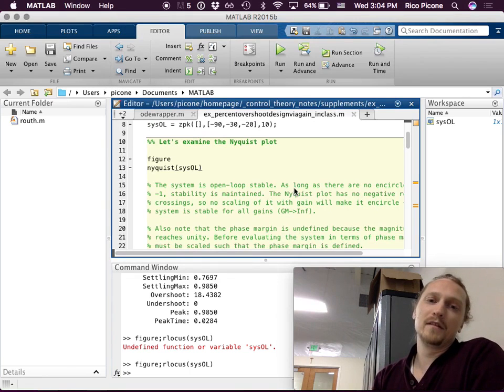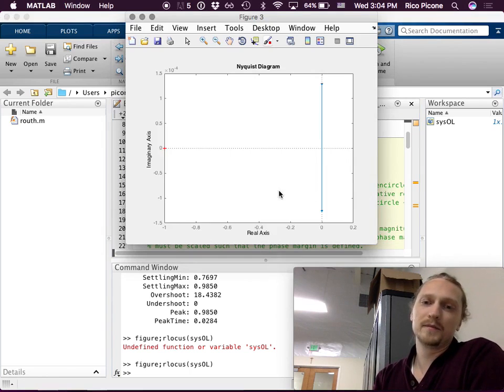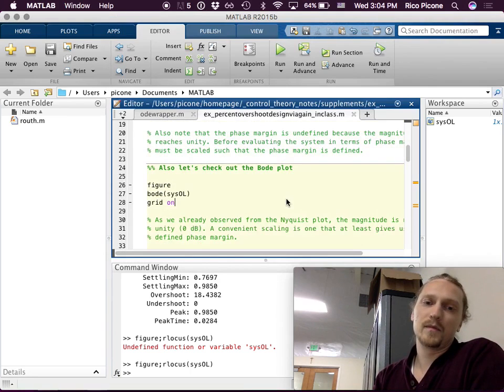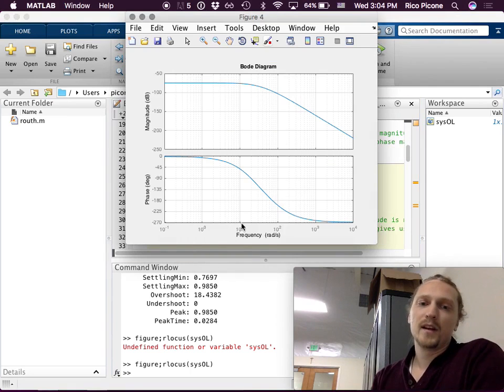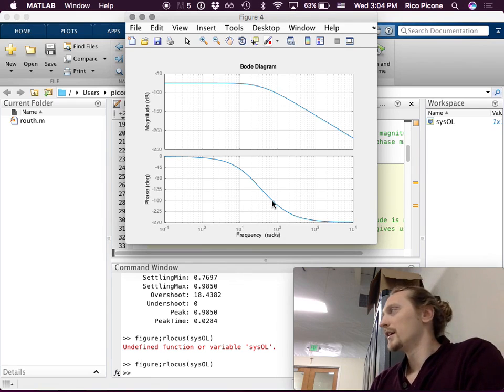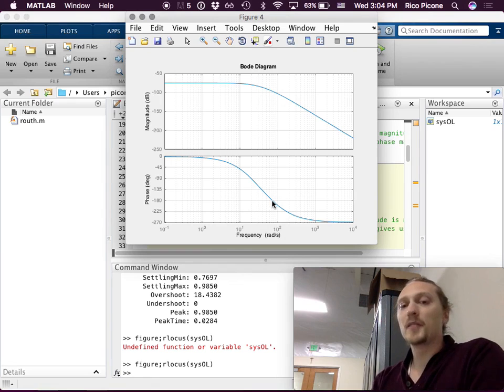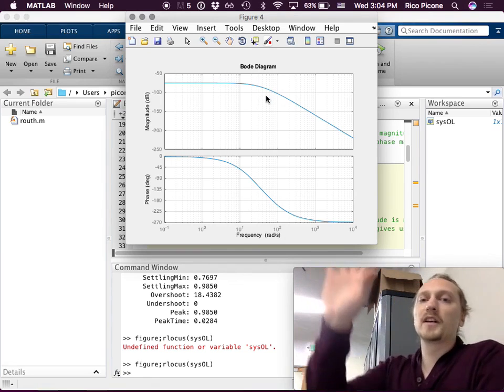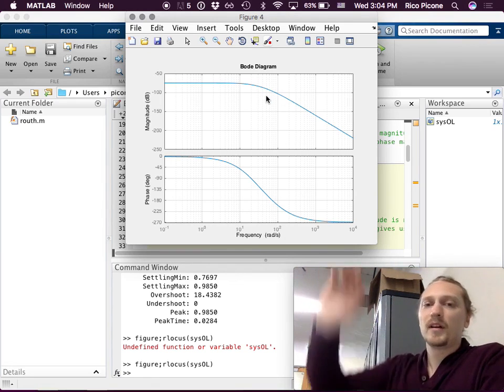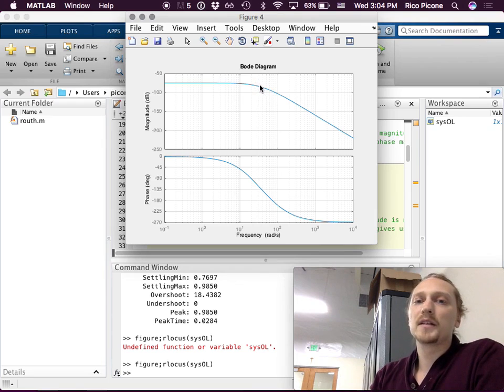If we went forward on this problem, we could look at the Bode plot. We could see that the phase does go below negative 180 degrees. So at a certain point, if you increase the gain, you're going to move this magnitude plot up to a point where you start to have 0 dB crossings. And at a certain point, those 0 dB crossings are going to start to occur further and further out this way, right?